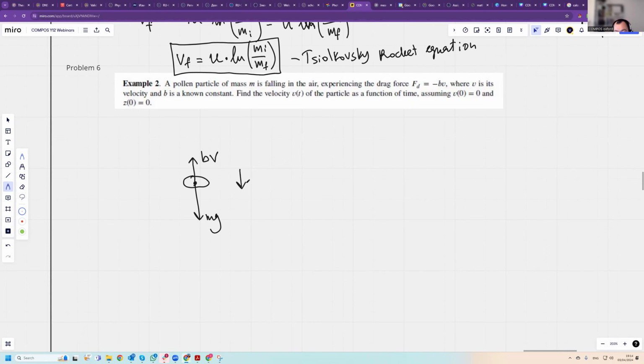And this is a differential equation. Question is, why is it a differential equation? Because, for example, y plus x equals 3 is not a differential equation.